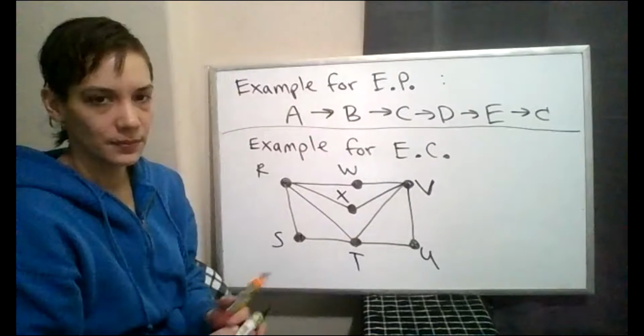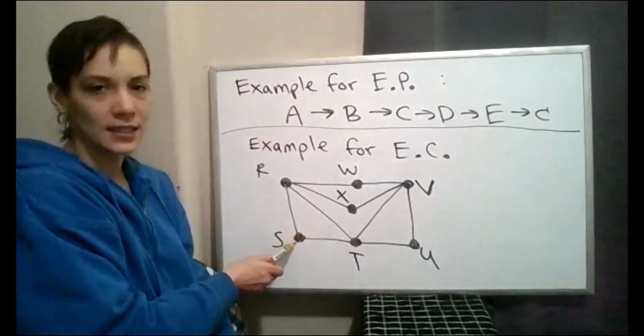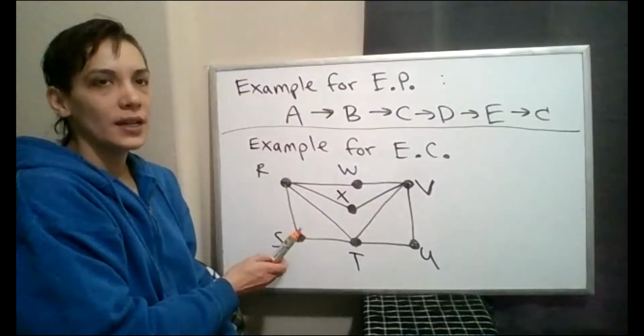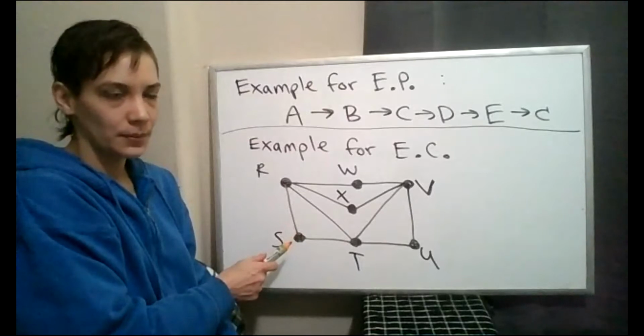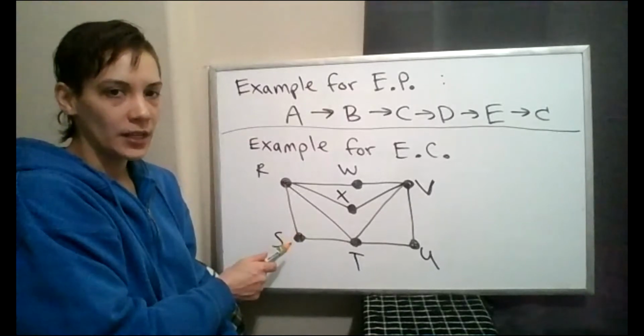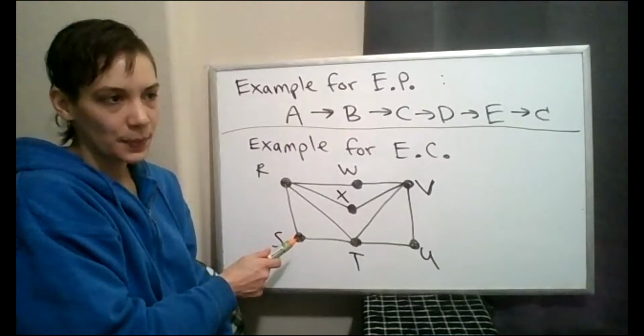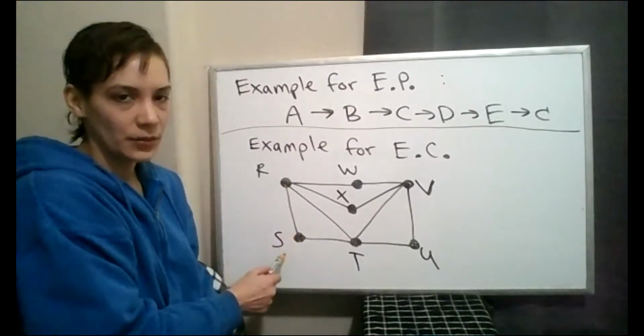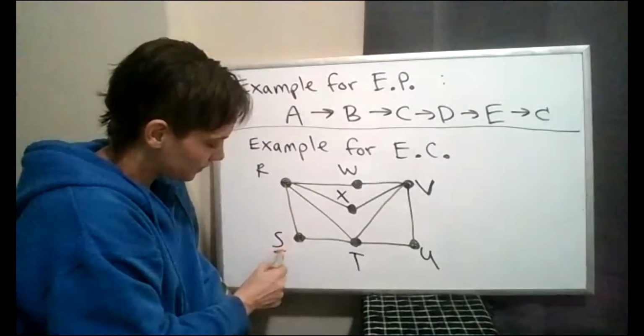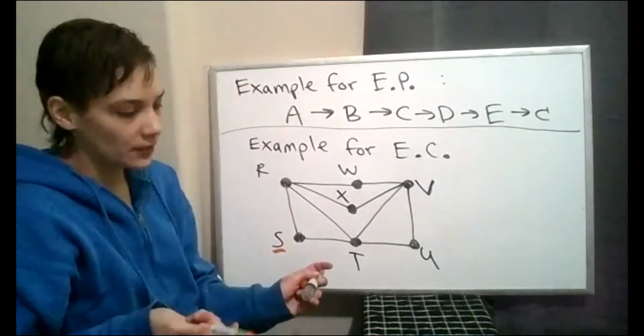Let's pick just this corner here. Let's start at S. So if it's going to be an Euler circuit, we can cover every edge, visit all of the edges, and start where we end. So if we start at S, we can end at S. Let's give it a try.